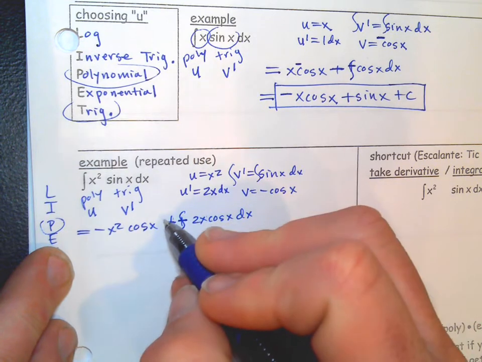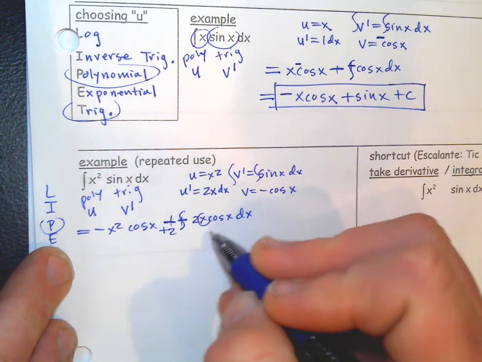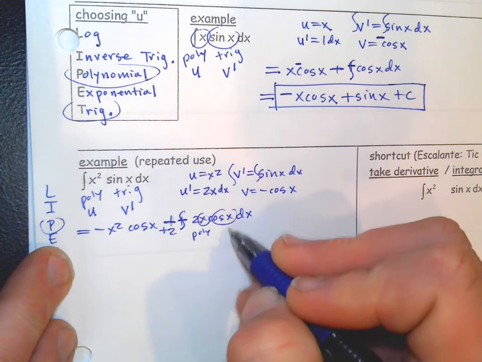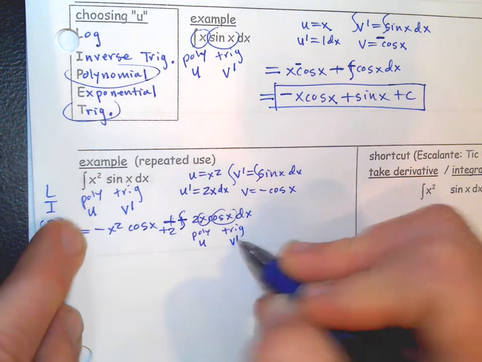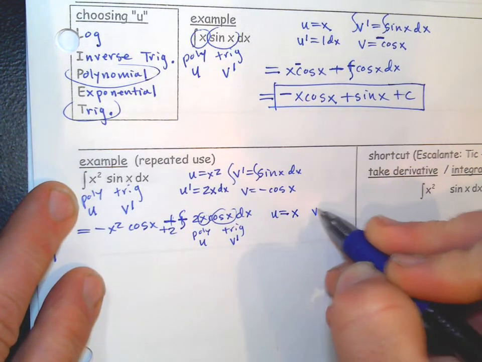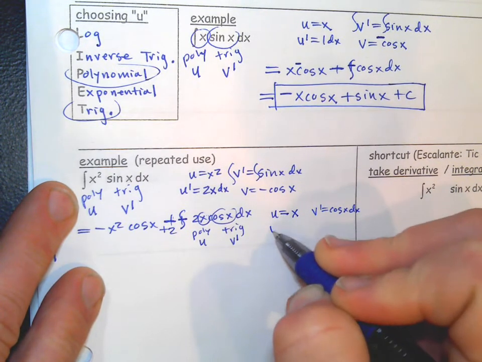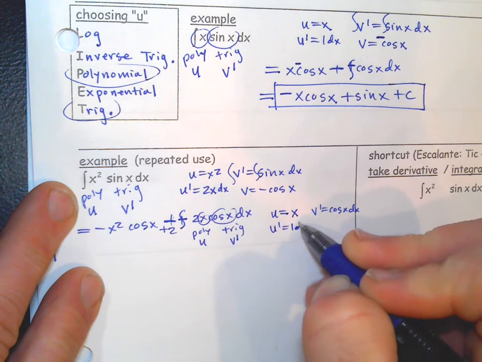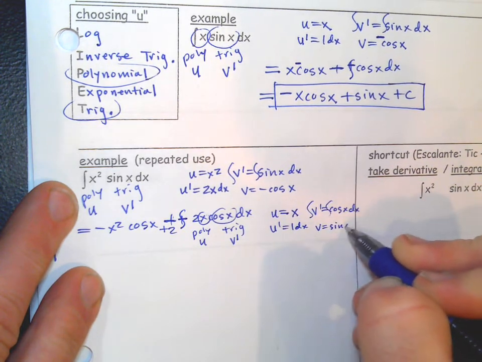Now, I'm going to ignore the 2, just put the 2 out front. So it's like that. This is poly, and this is trig. So poly is going to be your u, trig is going to be your v prime. So u equals x, v prime equals cosine x dx. u prime equals 1 dx. v equals sine x.